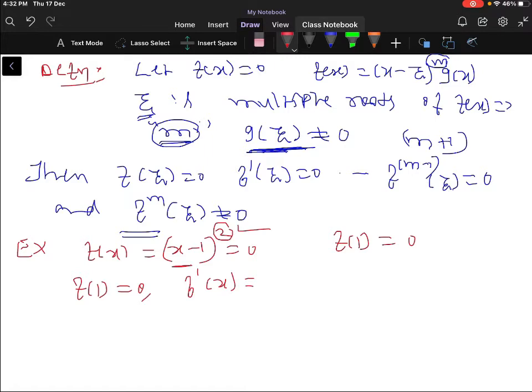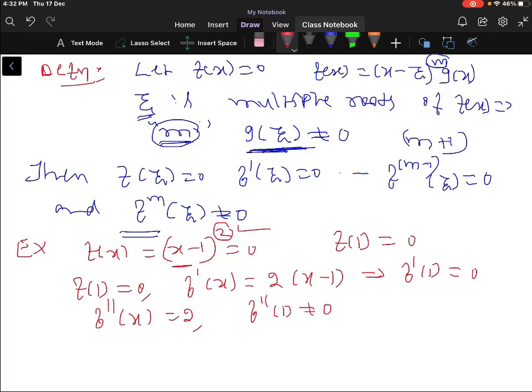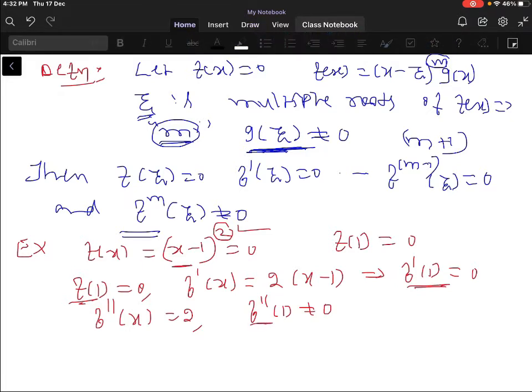Let us calculate f dash of x equal to 2 times (x minus 1). This implies f dash of 1 is also 0. F double dash of x is equal to 2, but f double dash of 1 is not equal to 0. So understood, if 1 is a multiple root of multiplicity 2, then f of 1 is 0, f dash of 1 is also 0, but f double dash of 1 is not equal to 0.